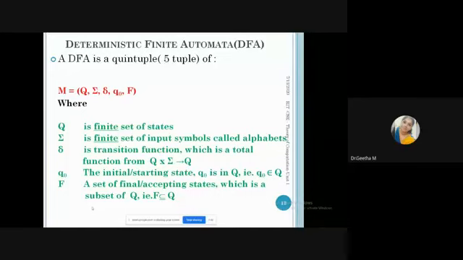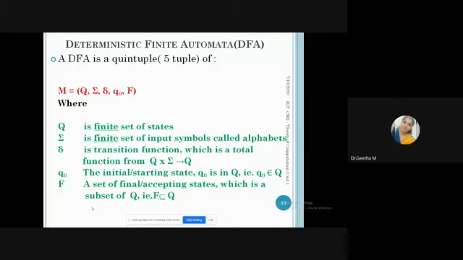Q is the set of states, so what we see is where we are residing at that time. The present state will be given by capital Q. The current symbol will be given by sigma. So we want to see two things here: one is the present state, where we are, and the other is the current symbol at that time.